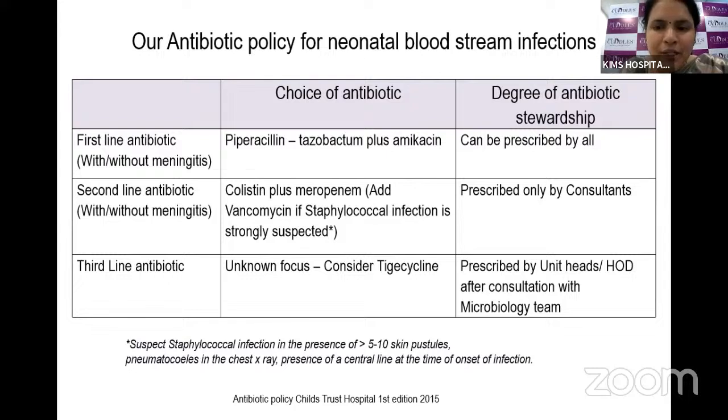So in order to have a certain degree of antibiotic stewardship, the unit's prescription policy is that the first and the second line antibiotics can be prescribed by all doctors working in the unit, including the resident doctors, registrars, as well as consultants. Third line antibiotic, which is represented here as the second line, would be a combination of colistin with or without meropenem, and this is something that is prescribed only by consultants.